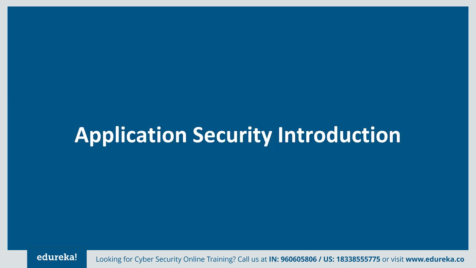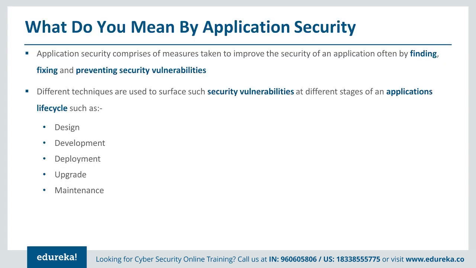So what is basically application security? There is no single starting point, but application security should be available in all the phases of development, or all the phases of an application. So not only at the design level, it will also be in the development phase. Application security will also be in the deployment phase, after deployment in the upgrade phase, and also in the maintenance phase.